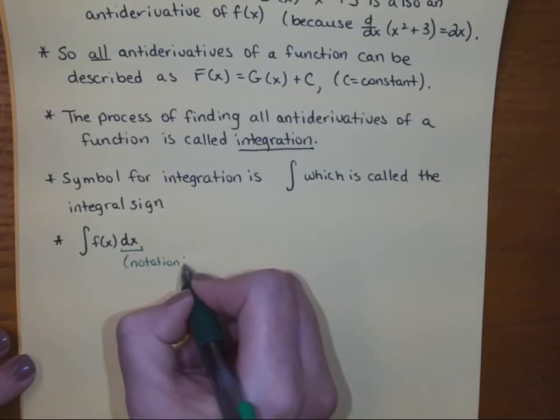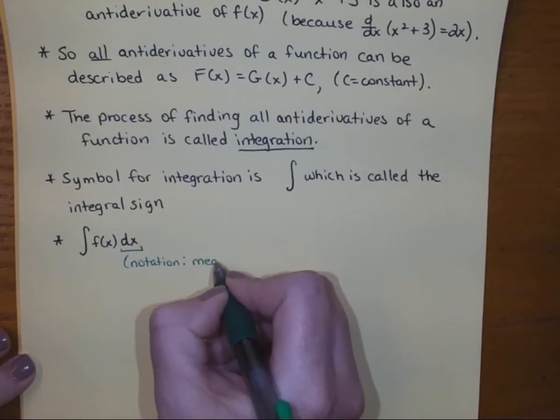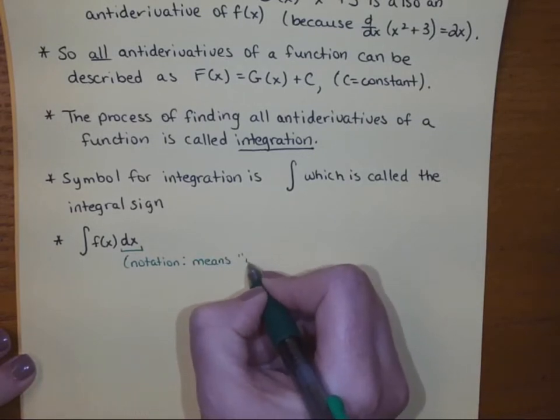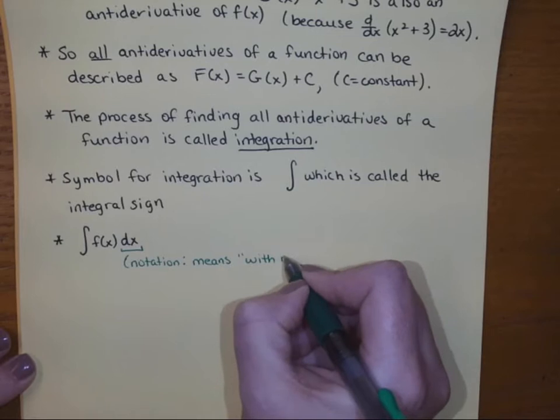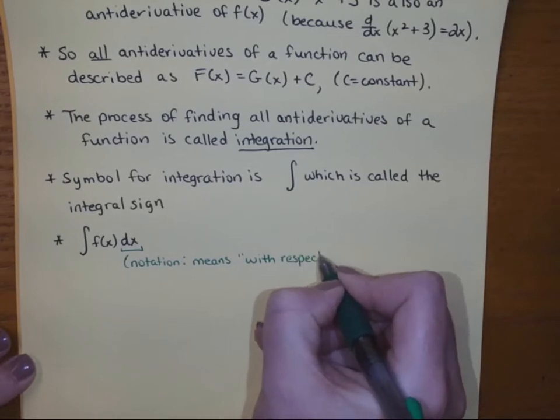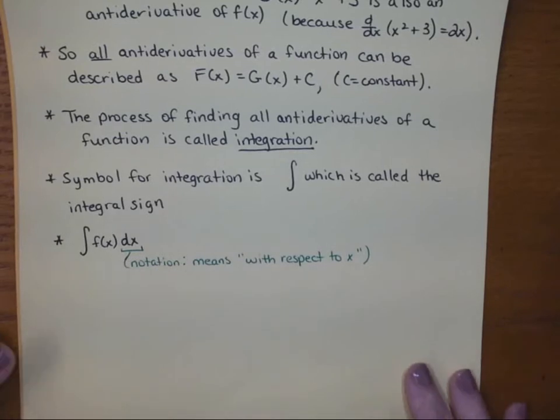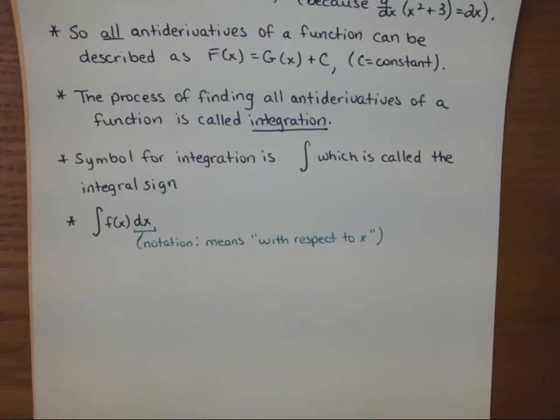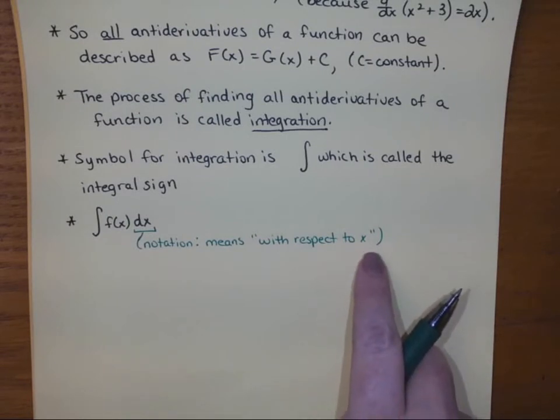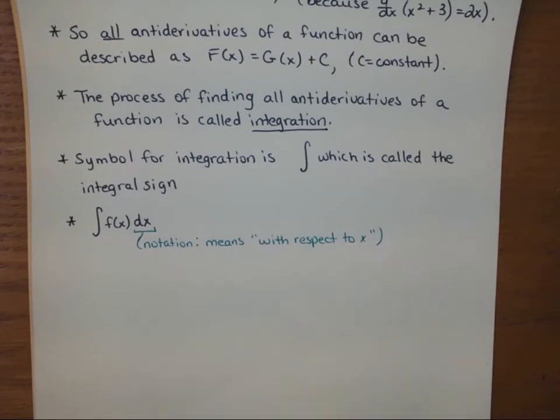Whatever letter follows d just tells you this is a part of the notation of every integral. Okay, so this is just notation. In other words, you need to get used to writing it. It just means with respect to x. So if you remember our notation for derivatives, that was like d over dx, and we read that as d dx, that's all it means. It's just letting you know, hey, that we're going to find the antiderivative using the variable x.